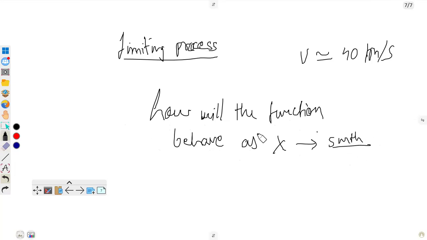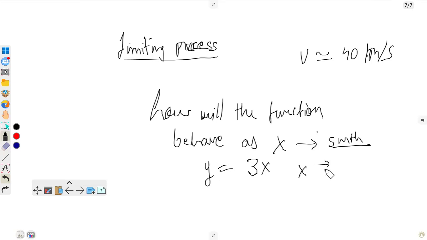What I mean is, take a function, say y equals 3x.